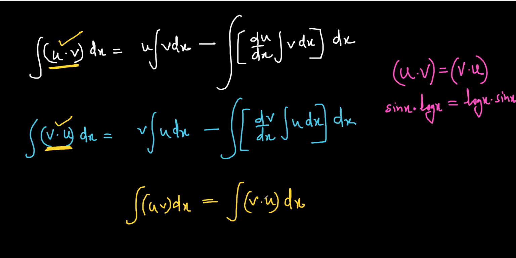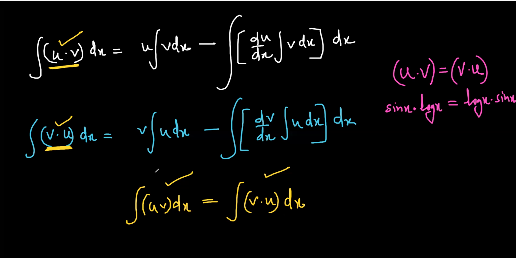But the fact is, when you integrate, you will realize that one of these two gets you the final answer, that is, it reaches the final answer, and the other does not reach the final answer. It doesn't get you the final answer.